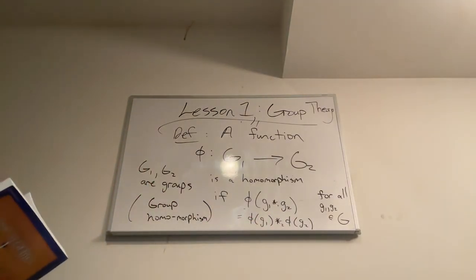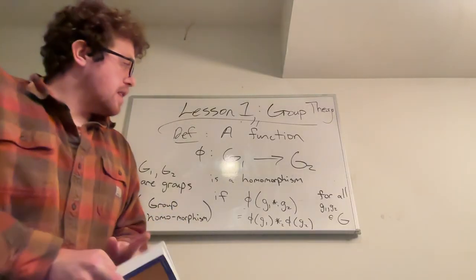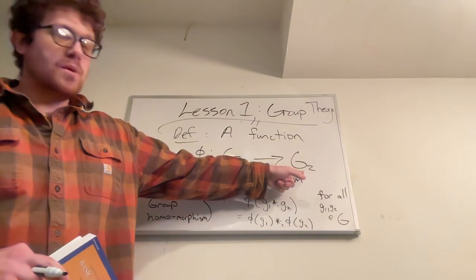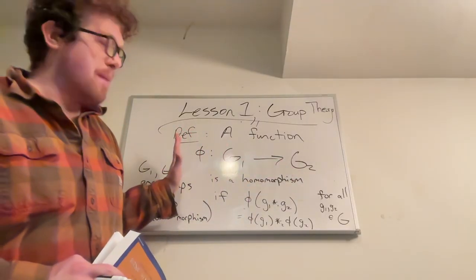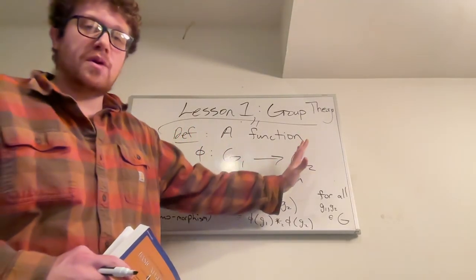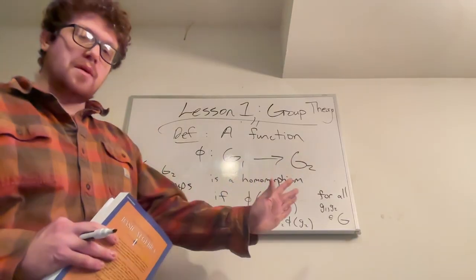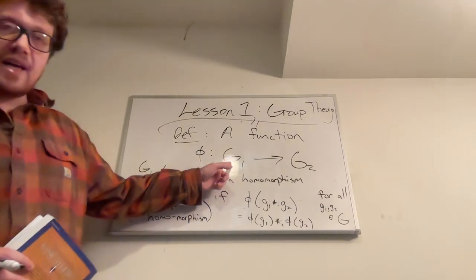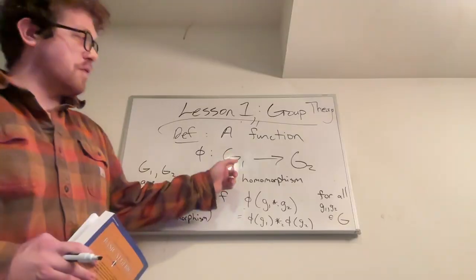If that's the case, then you can prove certain things, like the image of G1 is actually a subgroup of G2. This function somehow preserves the structure. You can map every element through to G2, and because it preserves this product, you end up with a subgroup on the output. You can also show that it sends the identity of the first group to the identity of the second group, and it sends inverses to inverses.